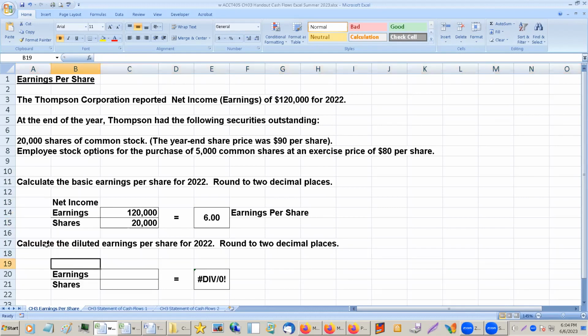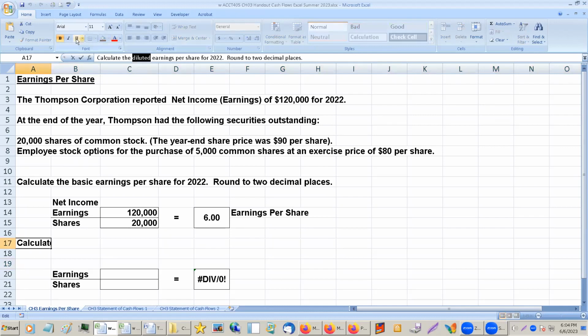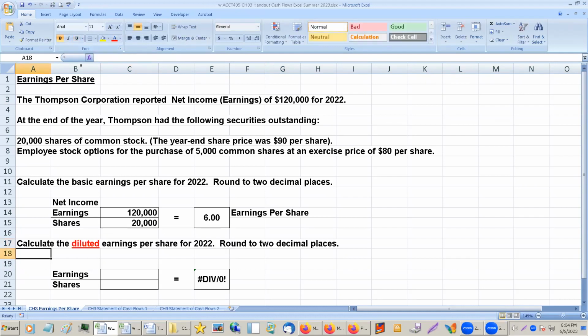Okay, now down here, this is what they call a diluted or fully diluted earnings per share. And you'll notice down here that these employees have options on 5,000 shares that they can buy. They can buy them at $80 per share. And if this stock is selling at $90 per share, it might be worthwhile for these employees to buy them at 80 and then sell them at 90.